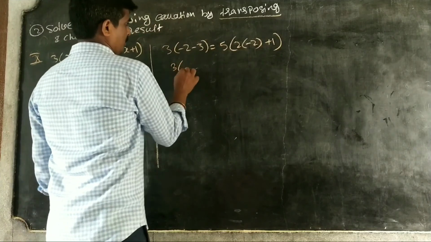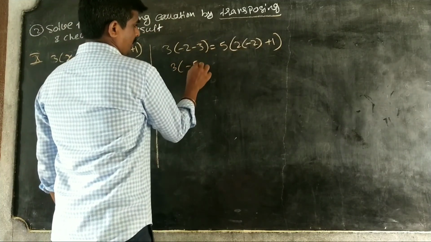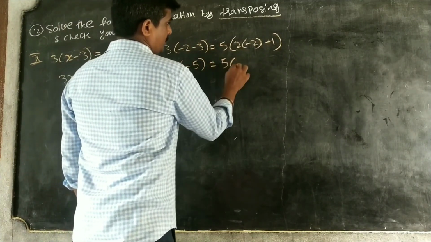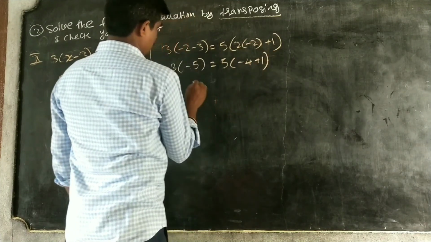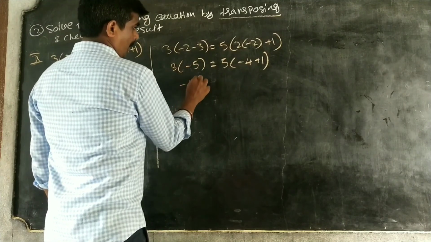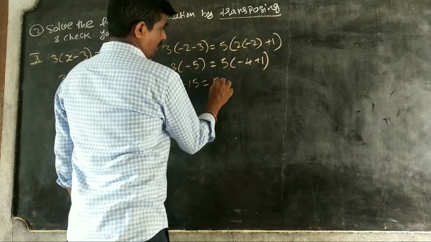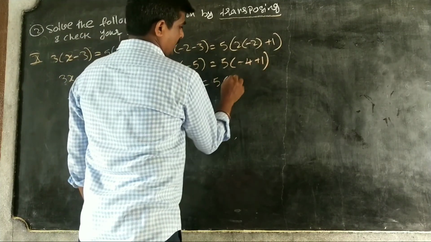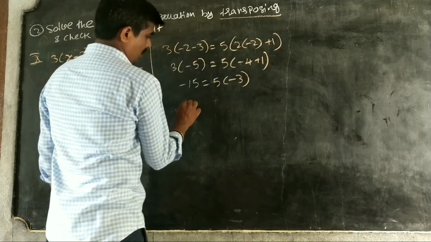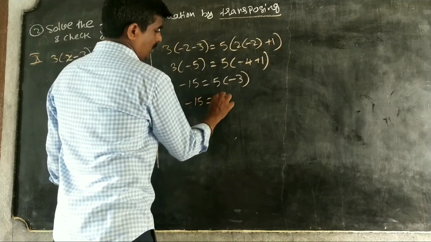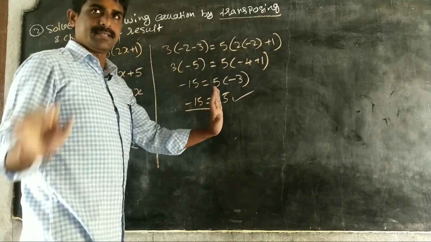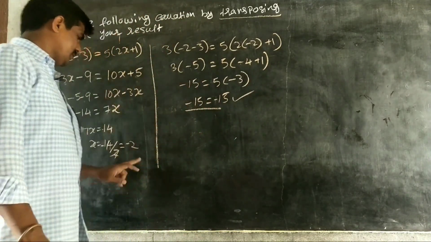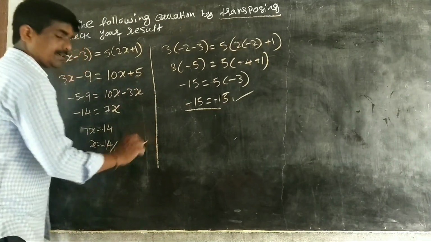So 3 into minus 2 minus 5 is equal to 5 into 2 twos are minus 4 plus 1. That is equal to 5 threes are minus 15 is equal to 5 into minus 4 plus 1, that is equal to minus 3. Minus 15 is equal to minus 15. LHS is equal to RHS. Therefore, our answer is correct.